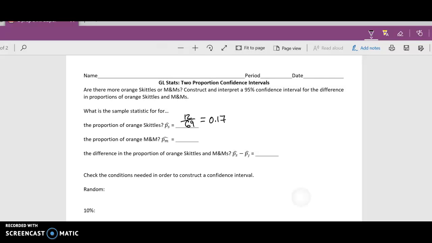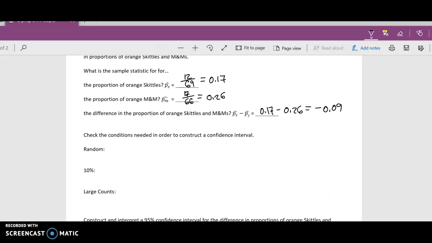And the proportion of orange M&Ms is 17 out of 66, which is 0.26. So the difference in the proportion of orange Skittles and M&Ms, and order does matter here, is 0.17 minus 0.26, which is negative 0.09.